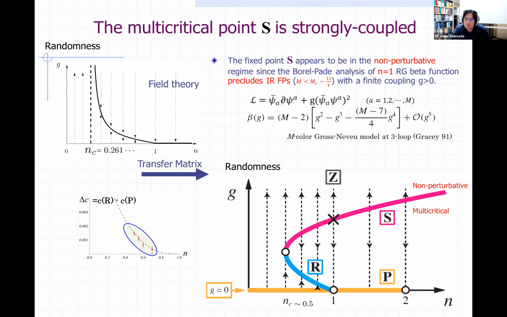That can happen. But even in that situation, we might not find this strong disordered fixed point. And the strong disordered fixed point is not accessible perturbatively, for the reasons that Hirohiko has been mentioning.